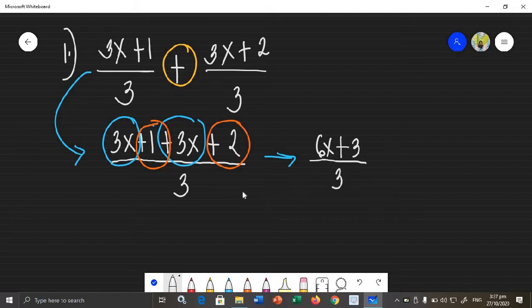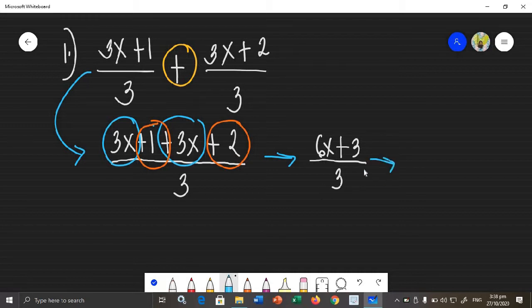This is why I first taught simplifying rational algebraic expressions, because you will apply that here in operations on rational algebraic expressions. Right after we compute, we observe if our answer is already in lowest terms. If it is not yet in lowest terms, we will simplify again using factoring.